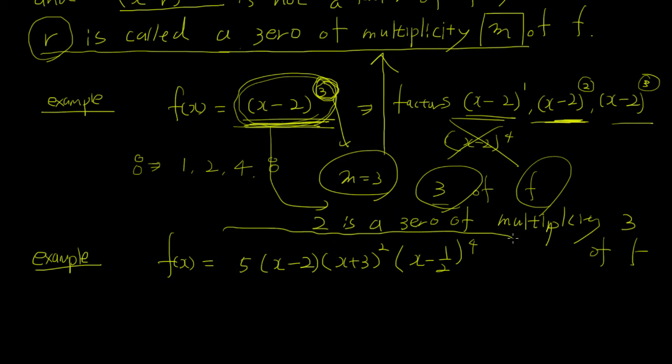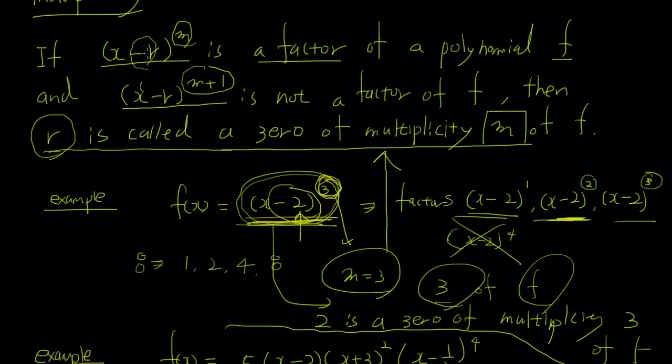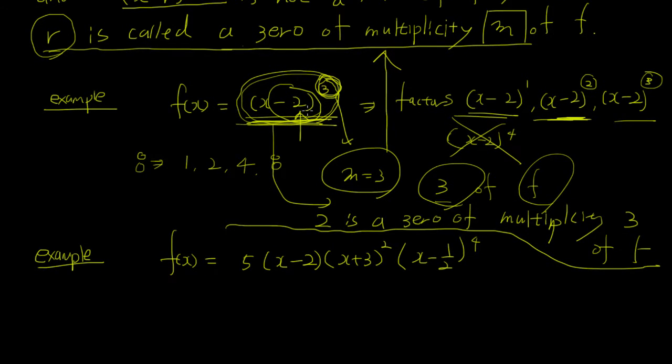That's quite a handful, but this r, which is this 2, is because the setup was x minus r. So if this is minus 2, then this is going to be our r. So 2 is called a zero of multiplicity 3 of this function.